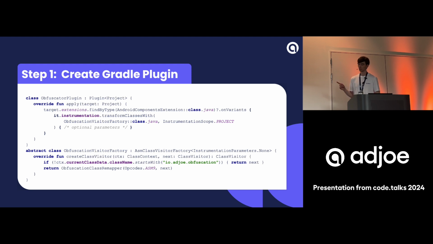A second thing, there are three very nice letters that I would like to point out, and that's the letters ASM in the name of the extending class. ASM indicates that we are actually working on the bytecode instead of the source code level, and this is important for obfuscation. You remember the first code example, the one with the long code that is hard to understand.